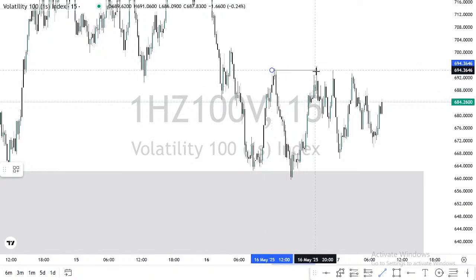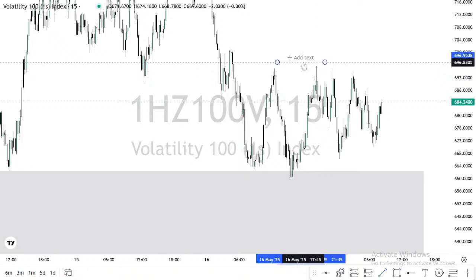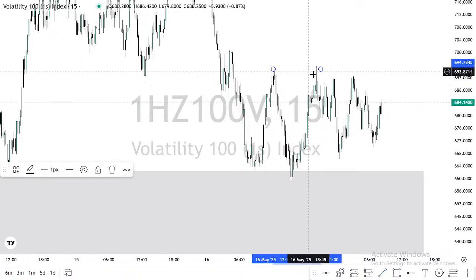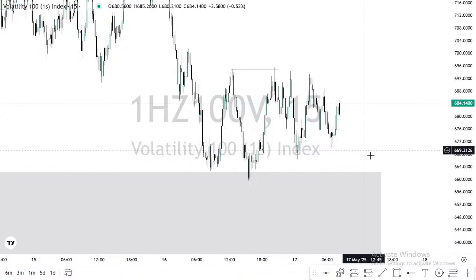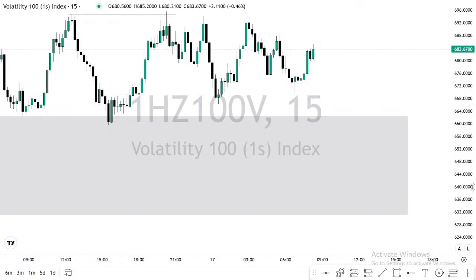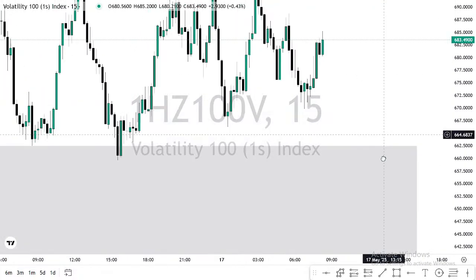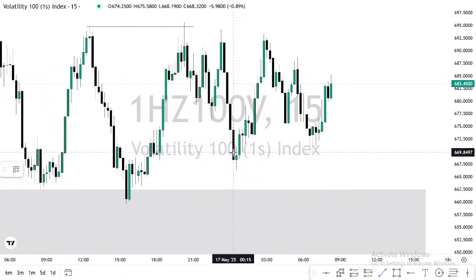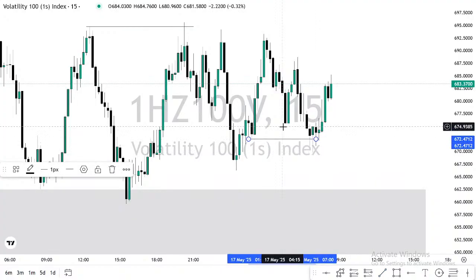But every move here is just making a signal for us that market wants to start the buy. So, okay, where is market currently reacting? Let's see. It took out this liquidity.